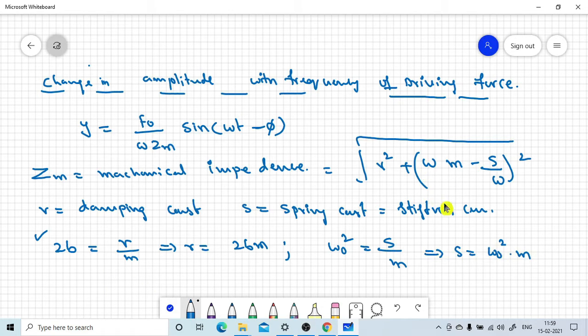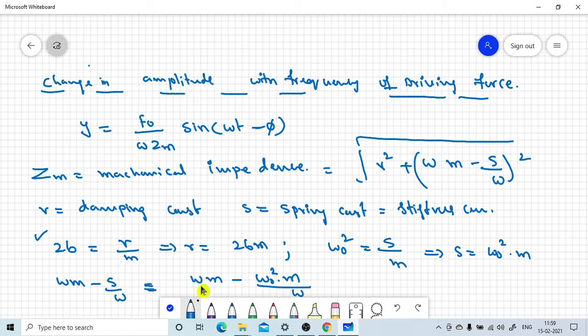Now I am using only this term first; after that I will add the r value. It is a big calculation, a little bit confusing. Then omega m minus s by omega can be written as omega m minus s by omega, where s is equal to omega naught square into m, so omega naught square m divided by omega.